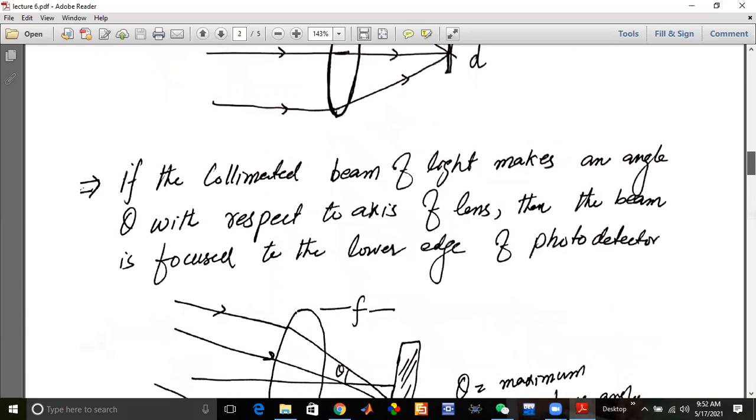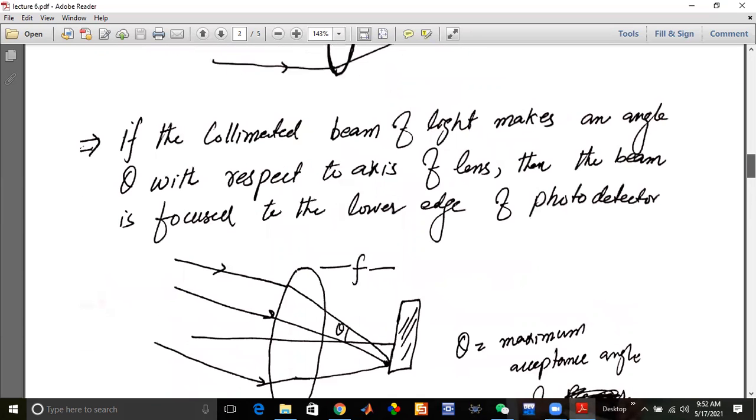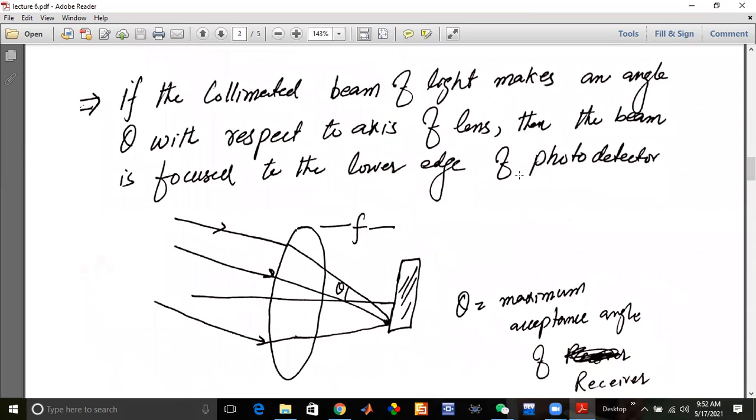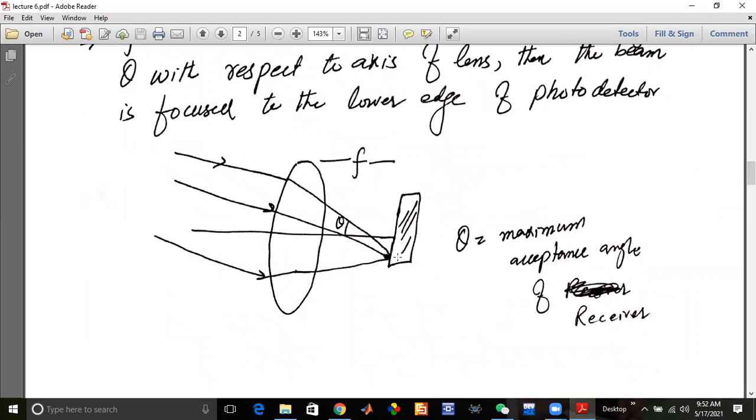So if the collimated beam applied makes angle theta with respect to the axis of the lens, then the beam is focused at the lower edge of the photodetector. You see that this is the lower edge of the photodetector, and theta is equal to the maximum acceptance angle of the receiver. This theta will not exceed a specific limit, and this limit is called the maximum acceptance angle of the receiver.